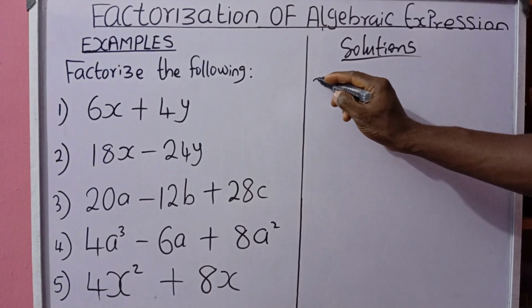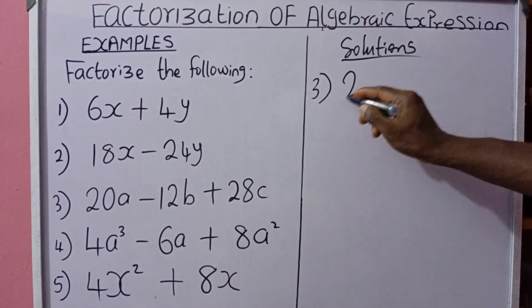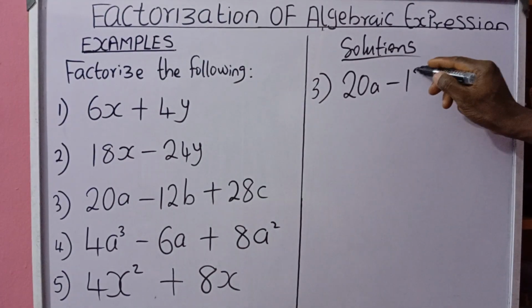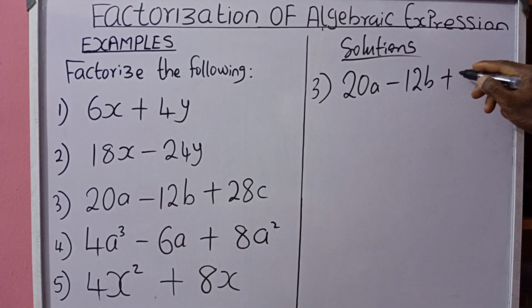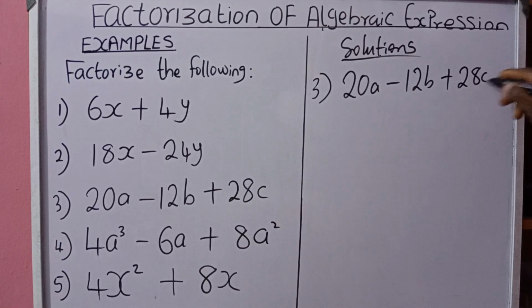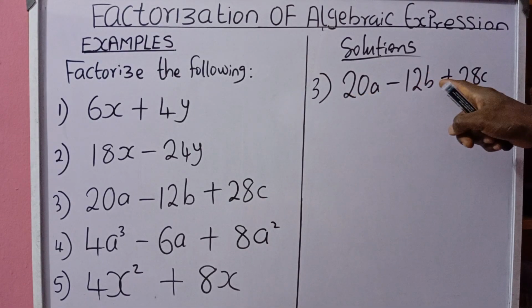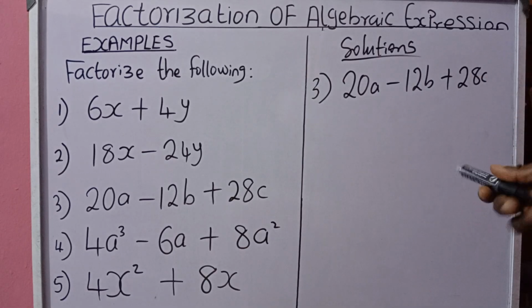Number 3, here we have 20a minus 12b plus 28c. How do we factorize this? Remember what I did in the previous ones? I will have to get the HCF of 20a, 12b, and 28c.